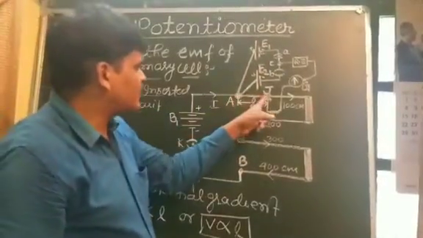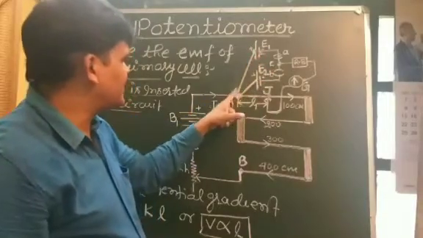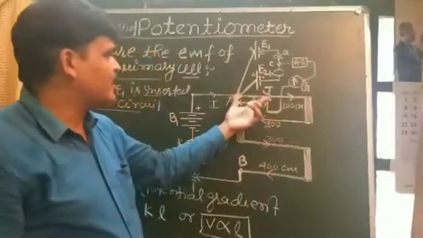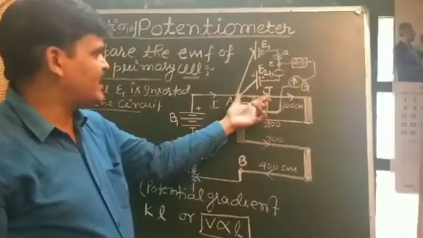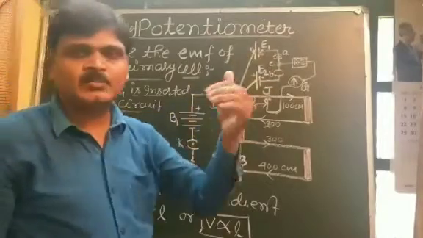So the potential at J equals the potential at the negative terminal of the cell, and the potential at A equals the potential at the positive terminal. It means the potential difference between A and J is equal to the potential difference between the positive and negative terminal of the cell E1.